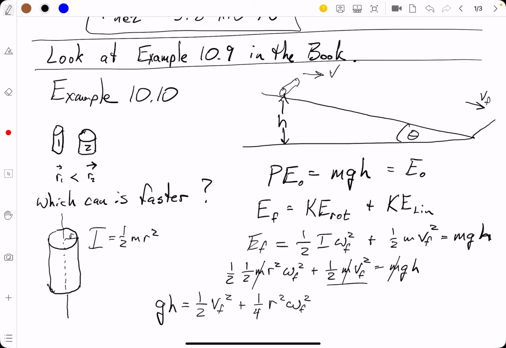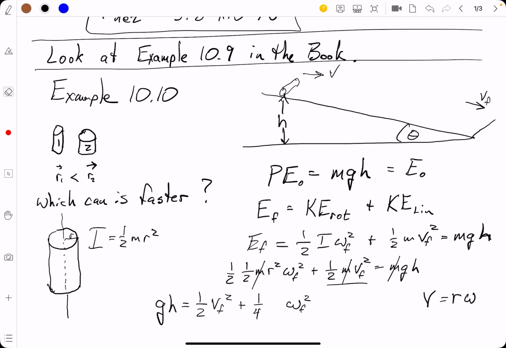Do you guys remember what r times omega is? R does not equal omega. R times omega, what is that equal to? Take your time, hit pause, whatever you want to do, figure that out, and then you'll notice that it's equal to velocity. So if we've got r omega final squared, both of them are squared, we've got velocity squared.